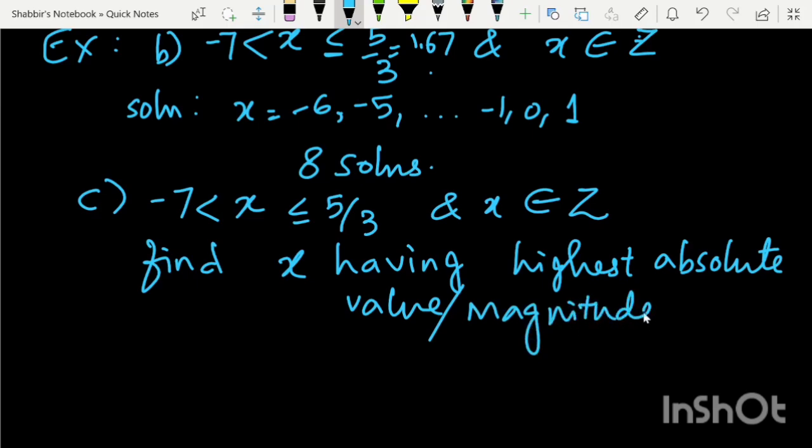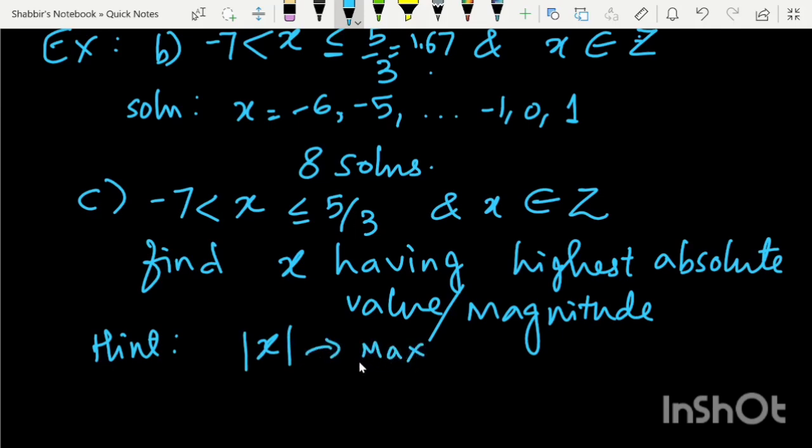So how do we define it, guys? The hint would be: highest magnitude means x should be an integer, and the modulus of x should be max.